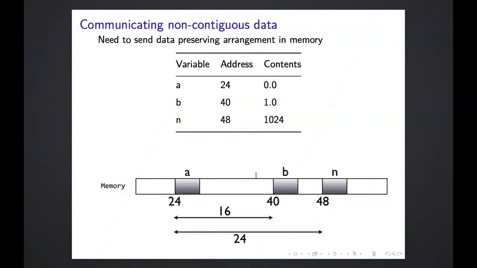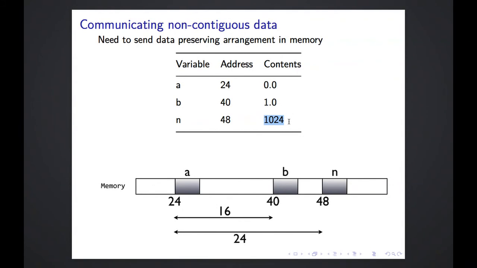Let's continue with this particular example. Let's say that I have a program, and I have variable A, variable B, and variable n. Let's say that the first variable is stored at address 24. The second variable B is stored at address 40, and the last variable n is stored at address 48. The content of the first address is 0.0, the content of the second one is 1.0, and the content of the last one is 1024.